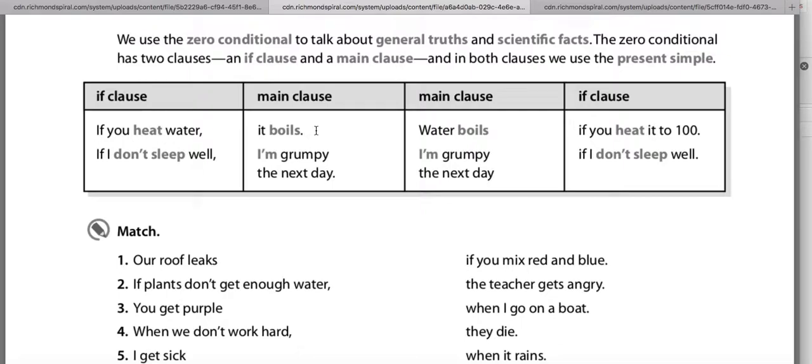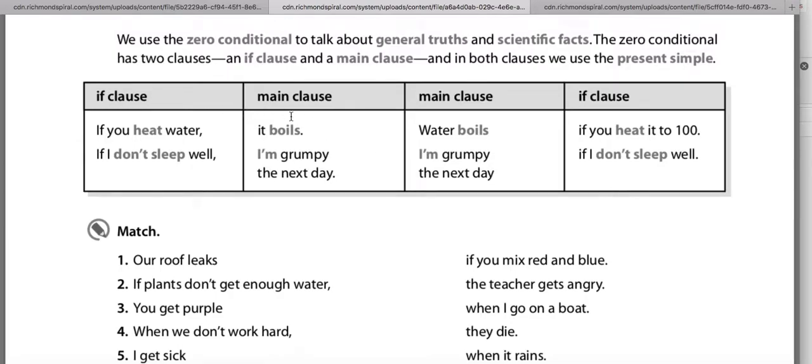The second example is: if I don't sleep well, I am grumpy the next day. Don't forget that we are using the present simple for zero conditional, so we have the verb in present. I am grumpy the next day is the main clause.